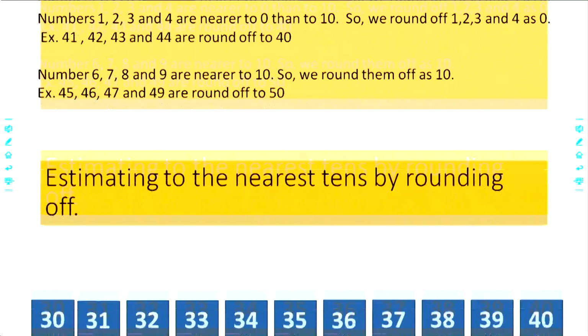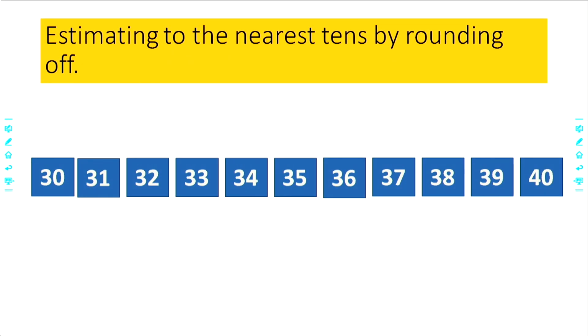Yes, we will see the next one. Here you have to estimate the numbers given to the nearest tens by rounding off. 32 is closer to 30 than to 40, so we round off to 30. Similarly, 33 is nearer to 30 than to 40, so we round off 33 to 30.